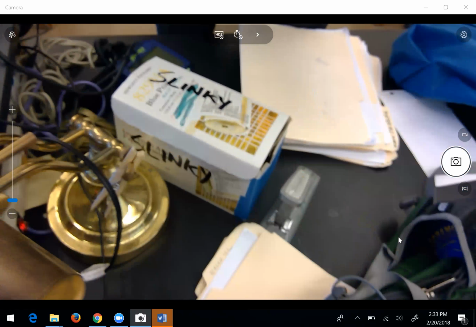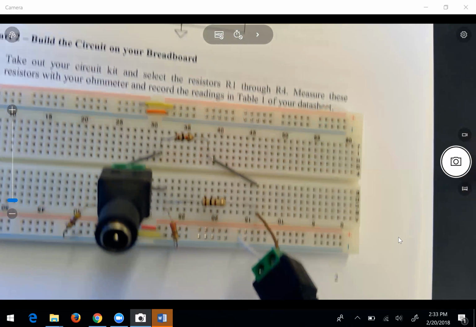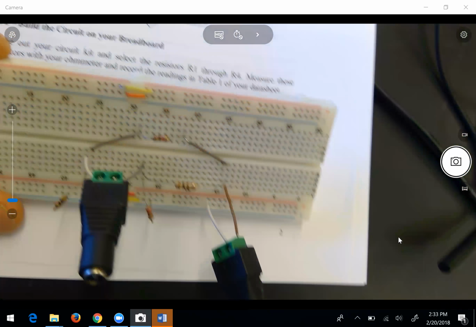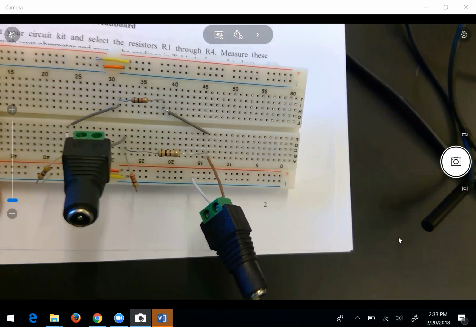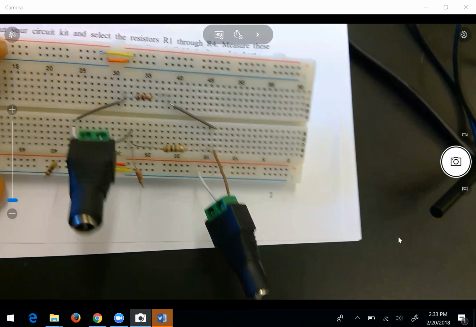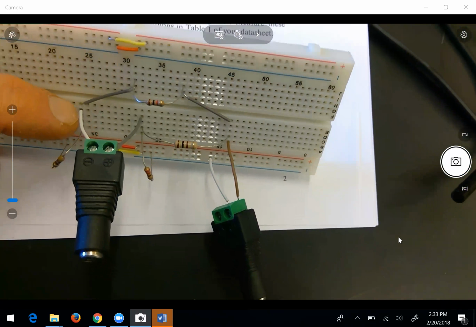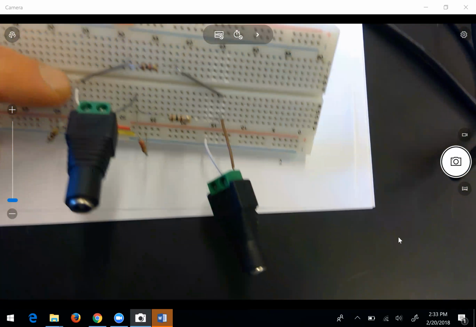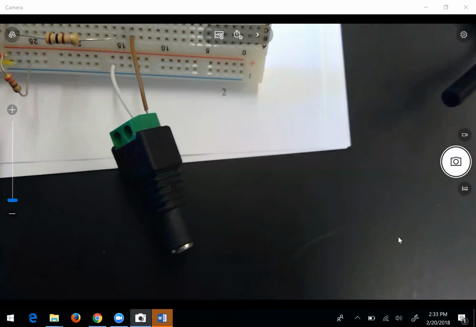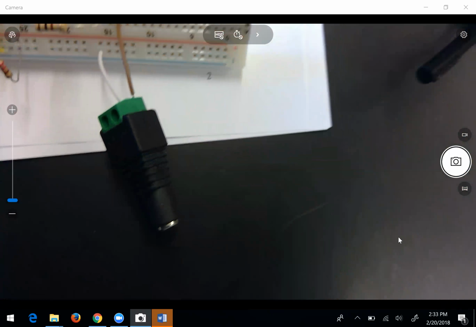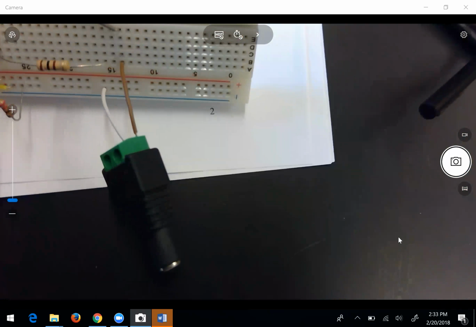Looking at the circuit, you've got the wire going up there, very nice. You spread it out more, which is good, helps a lot. You've got the white wire going to minus and the gray wire going to plus, which is not incorrect.